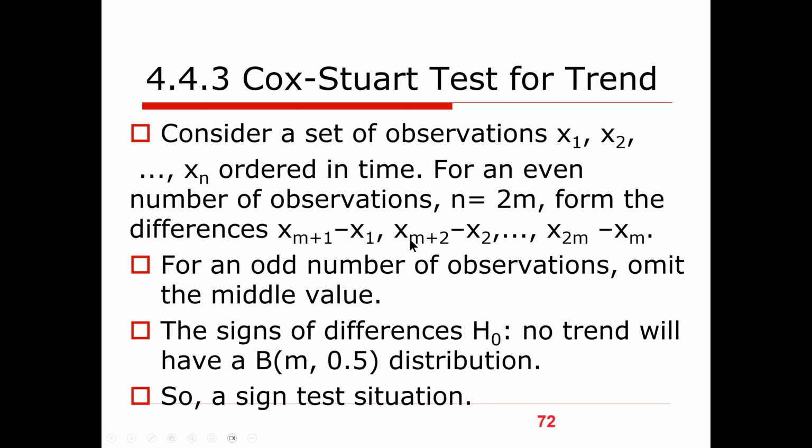So we can get m differences between the two groups. It's like paired results, paired differences, right? And if n is an odd number, then we just discard the middle value. We omit the middle value. So still there are two groups with the same number of observations, and we do the same thing to get these differences. And the signs of the m differences can be positive or negative, right?